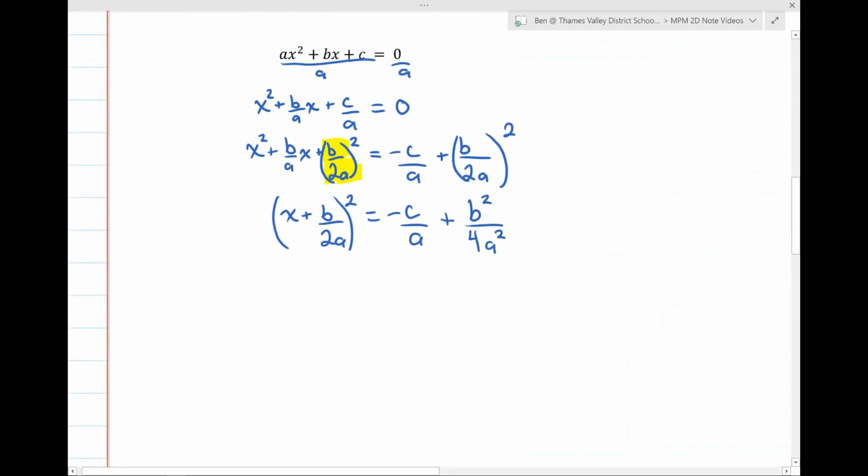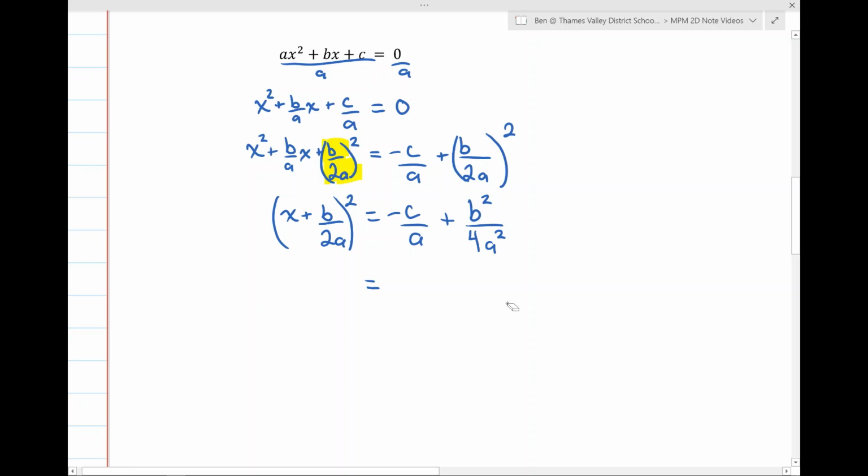Now, from here, we're going to just keep right on moving forward, and we'll try and write out the right-hand side as a single fraction. So in order to do that, if we're going to add these fractions here, then we need to work with a common denominator.